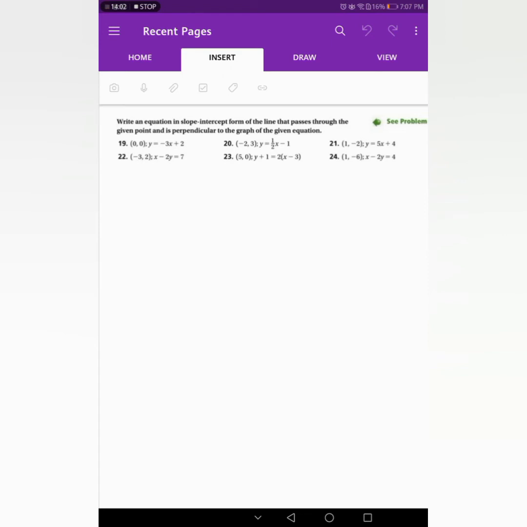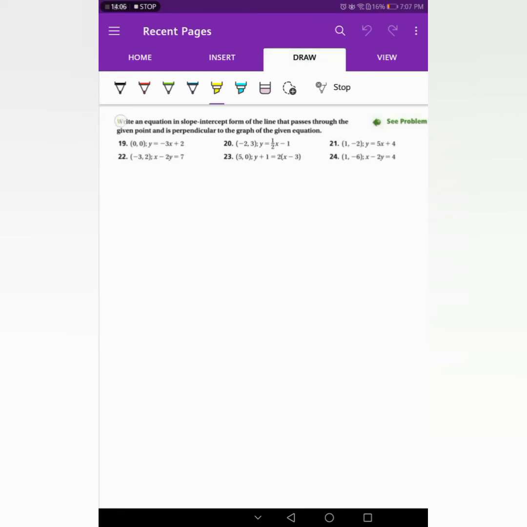The same previous exercise, my dear student. He asked me to write an equation that passes through a point. I will take this example, and what is it this time? Perpendicular. Perpendicular means you have to take the opposite reciprocal. The opposite reciprocal, I will tell you now how to flip and reverse the sign.